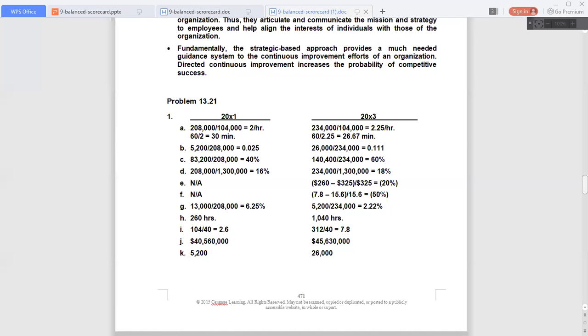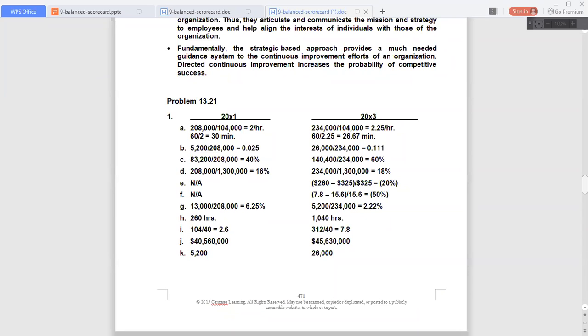So you are now given your theoretical annual capacity, the amount that could be produced given the available production hours. Everything produced is sold. Then actual production, the amount that was produced given the available production hours.